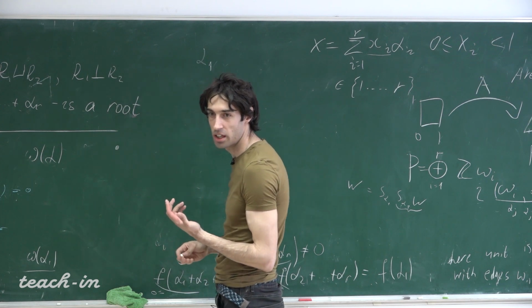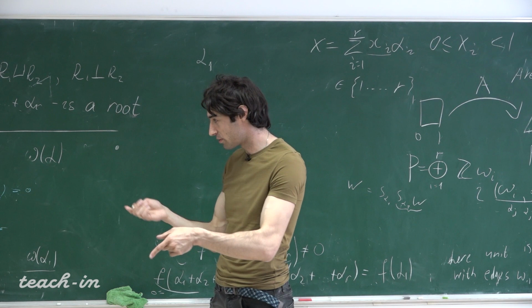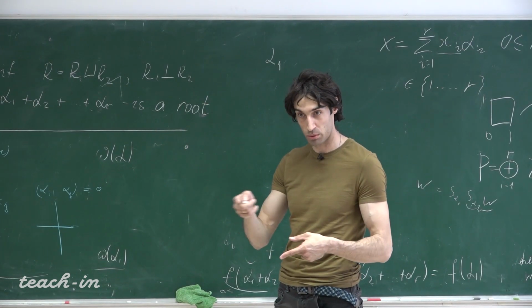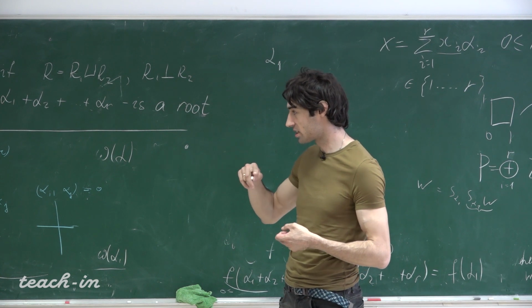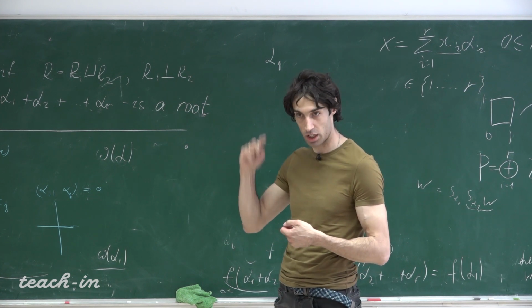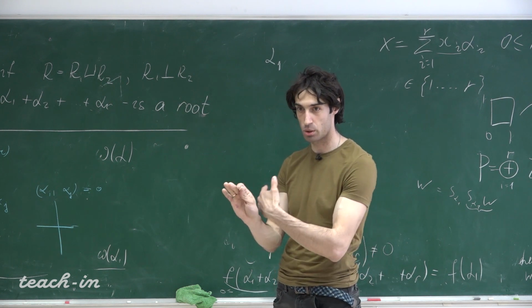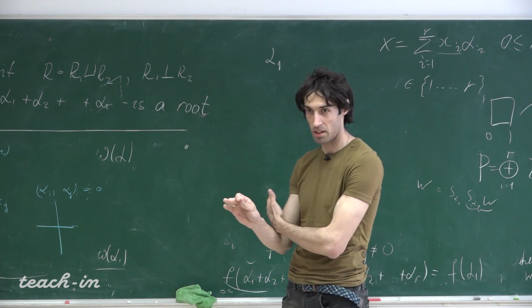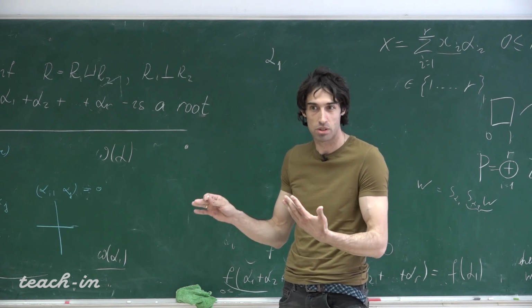And then you say, okay, I just need at least one root out of the rest, alpha 2 through alpha r, such that the inner product of alpha 1 with this alpha j is strictly less than 0. If I don't have one, then alpha 1 is orthogonal to the rest of them. But that cannot happen because our root system is irreducible.